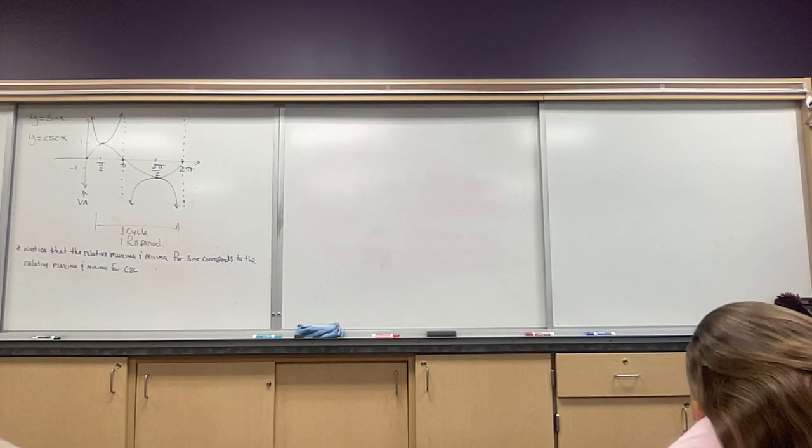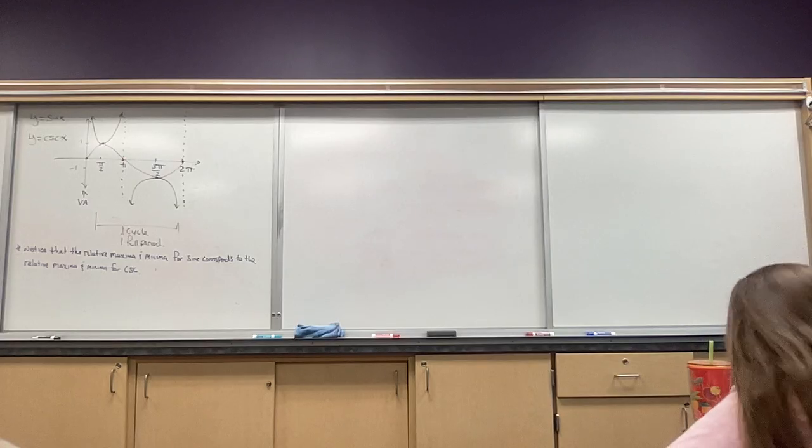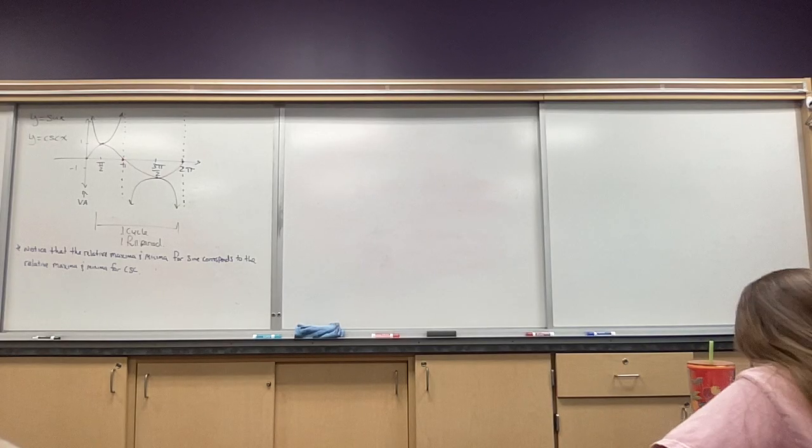Okay? So kind of like what I said in the table, the max for sine would be the minimum for cosecant, and then flipped, the minimum for sine would be the maximum for cosecant. So that's one thing I want us just to write down in our notes so we know that. Okay?